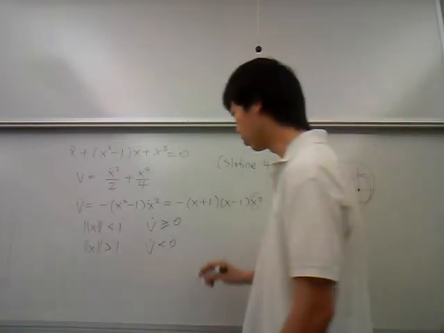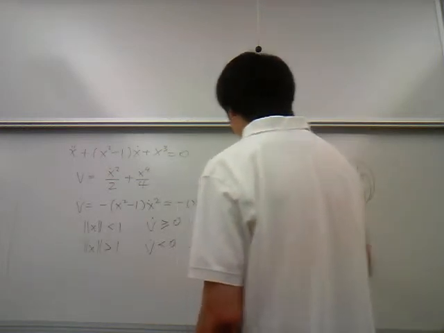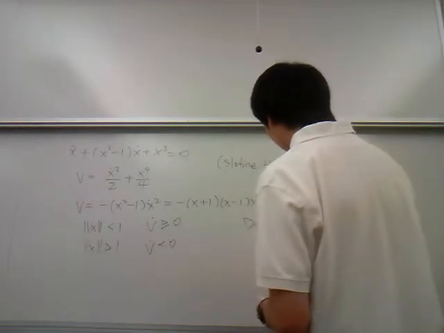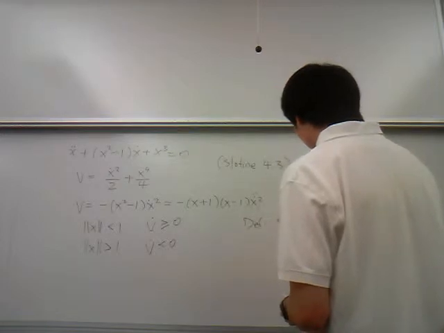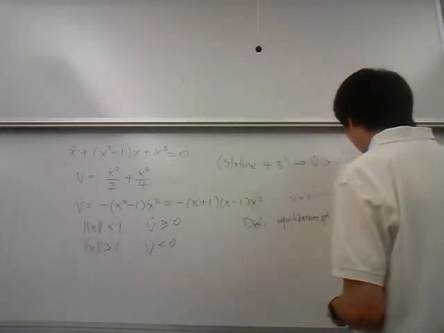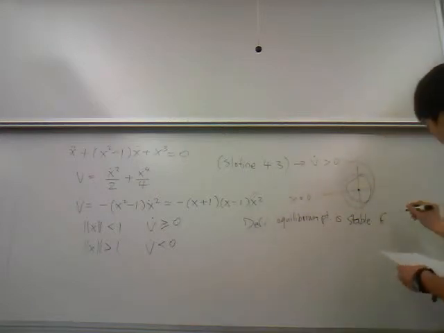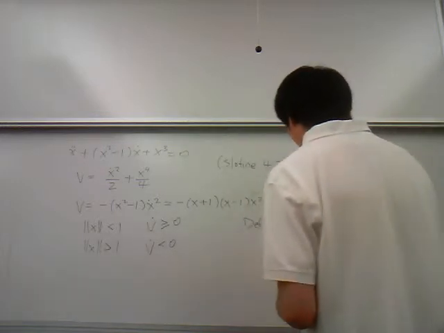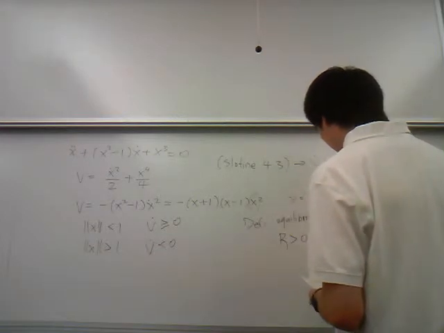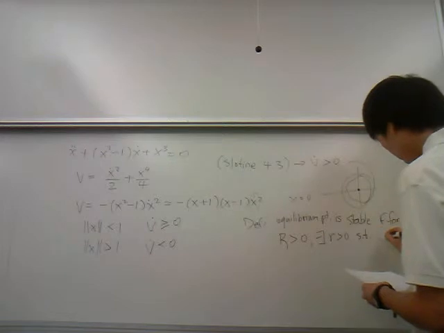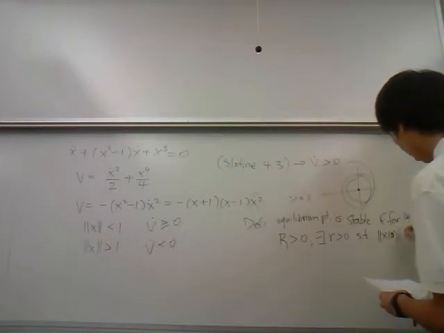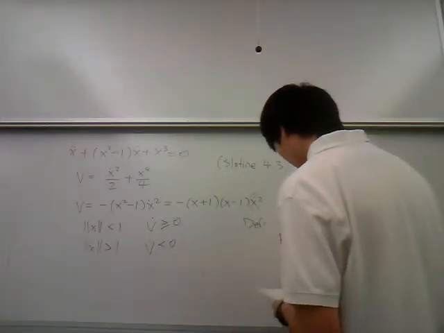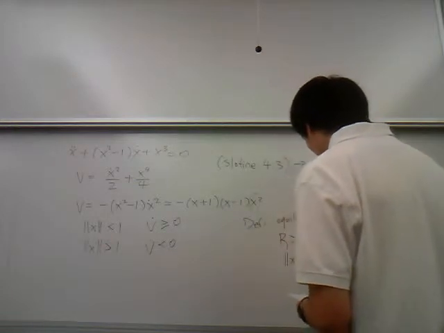And if you recall the definition of stability, an equilibrium point is stable if for any big R greater than 0, there exists some small r greater than 0 such that when we start inside the small r, then we will remain in the big R for all time.